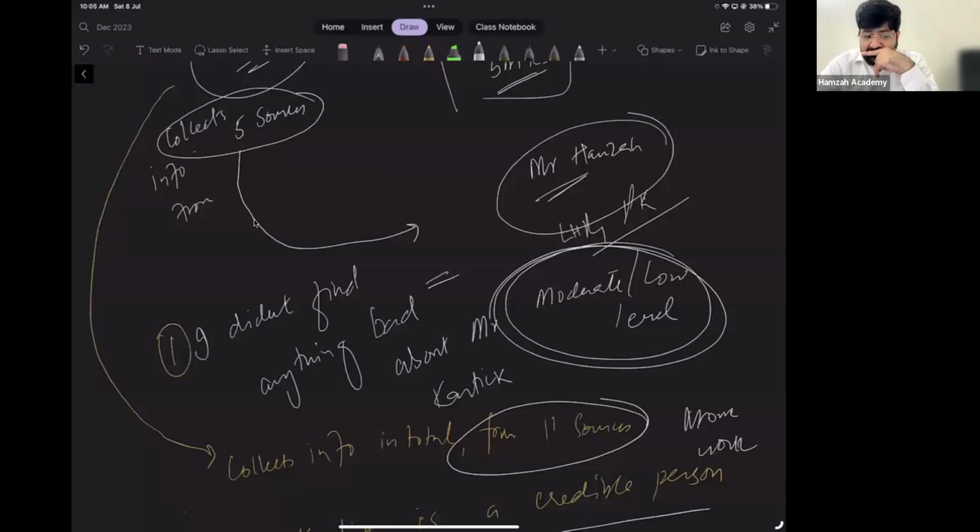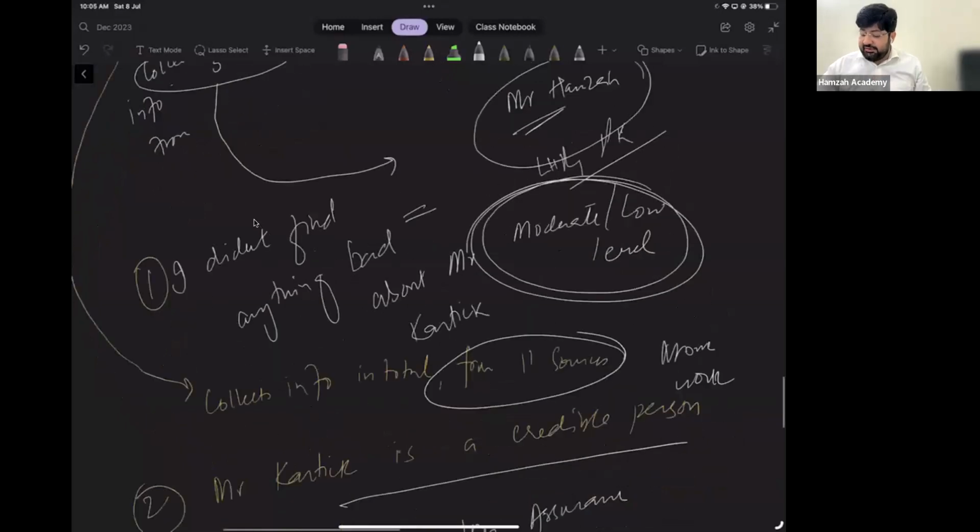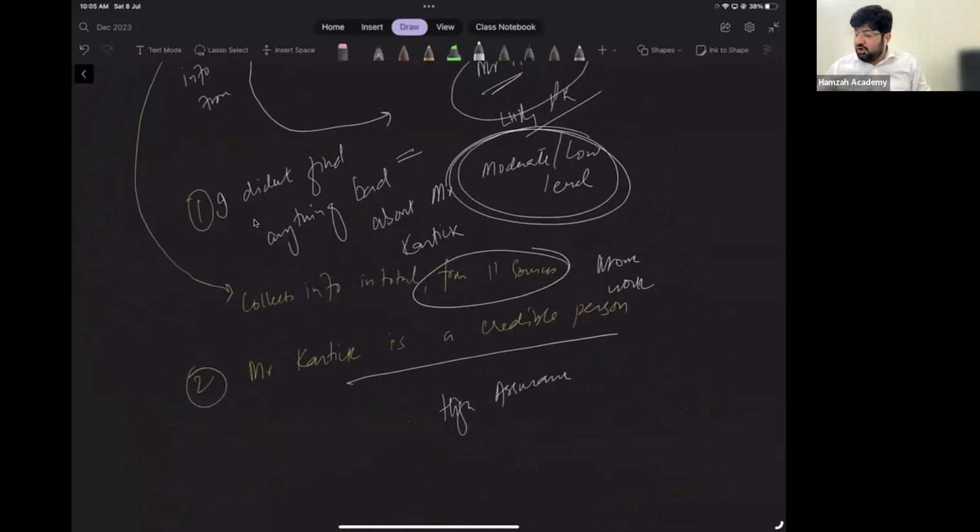Okay, now. So you see here, this is low level assurance and this is high level assurance. Here the report style is positive. Positive wording.